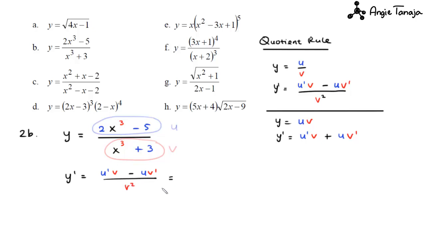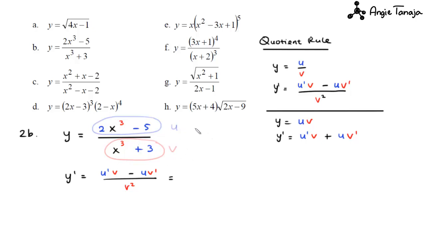So we're gonna follow this. U prime will be 6x square. Minus 0, and then times v. Oh, sorry. Okay, let me start again.